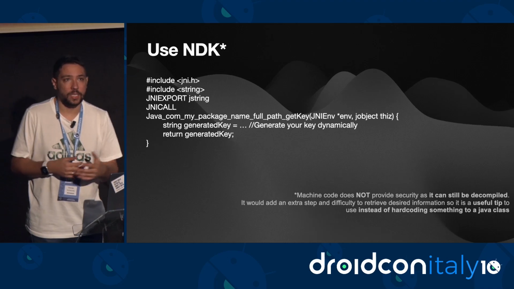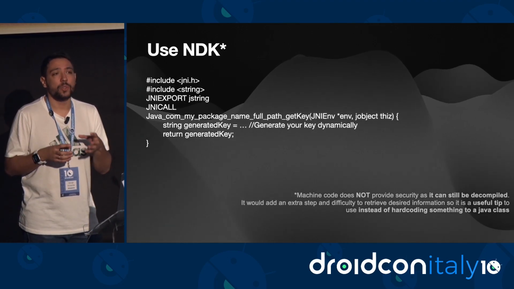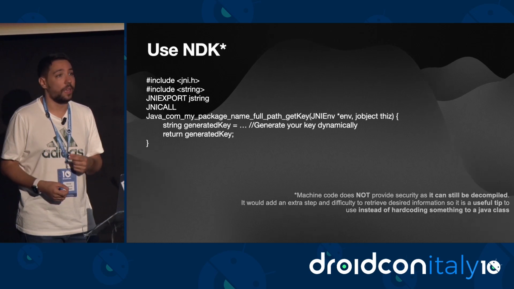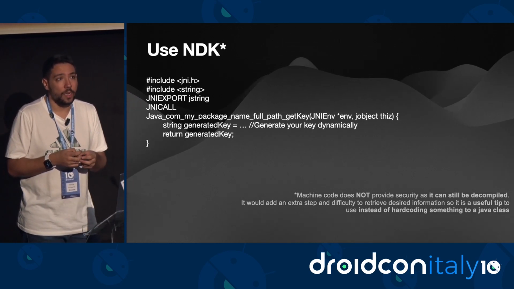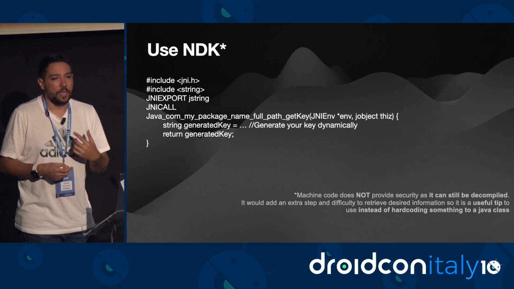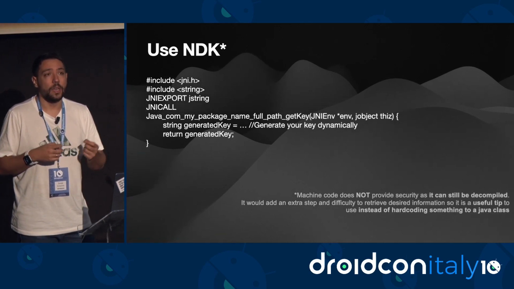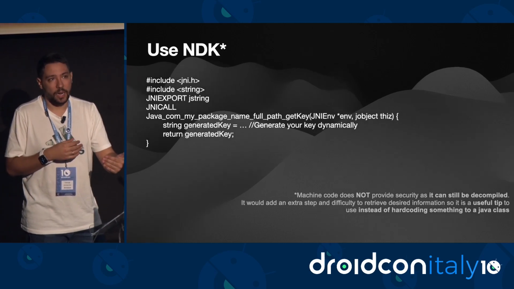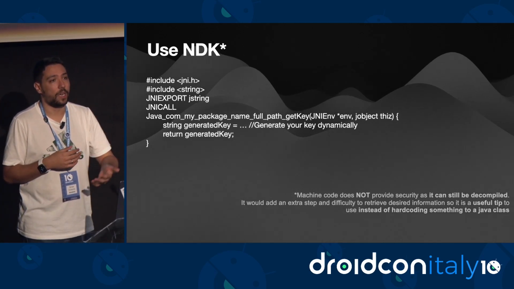I didn't have it in my example, but once you decompile the Android application, you can just get the native bytecode, the NDK bytecode, and then you can decompile that. It's just that decompiling C is a little bit harder, and it's an extra step added for any of the hackers.